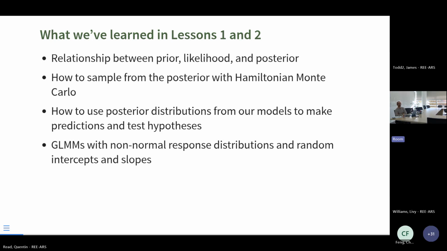That's what we use for hypothesis testing. It's all about the posterior. And so that's what we've mostly been working with. And we've done a bunch of different types of models going all the way up to generalized linear mixed models. And we've looked at different response distributions. We've done normal, we've done binomial, and we've done gamma, and we've done various types of random effects as well.